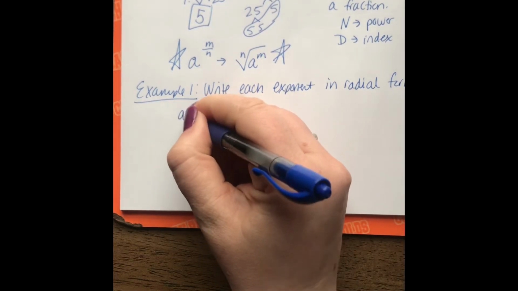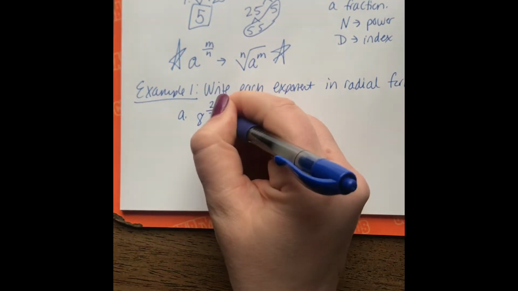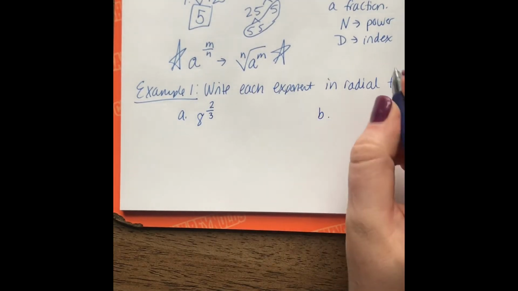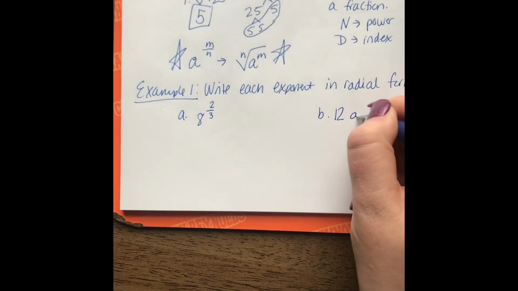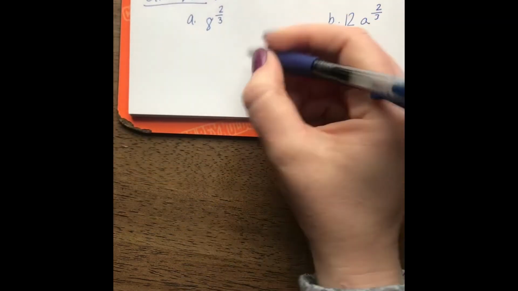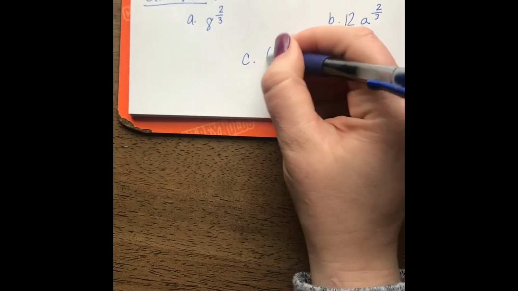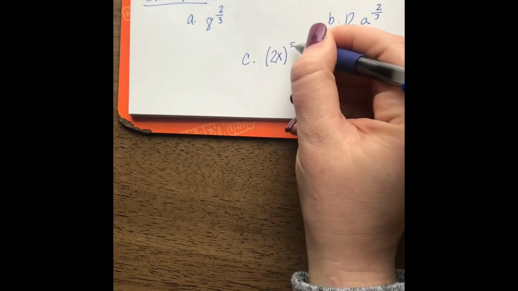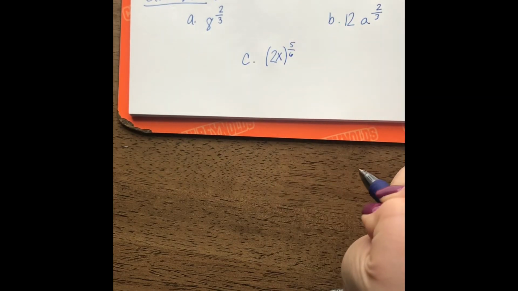So our first one, we have 8 to the 2/3. B, we have 12a to the 2/3. And then C, we have 2x to the power of 5 over 6.